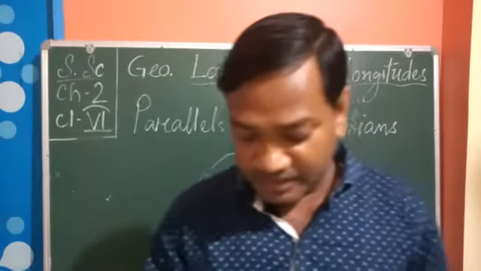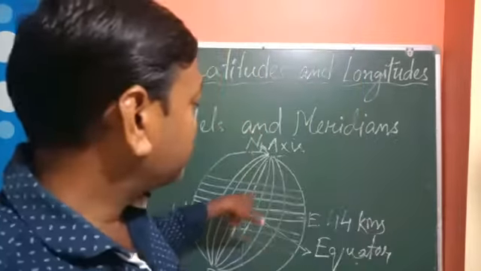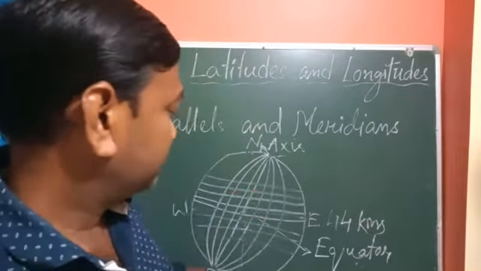The parallels and the meridians can be used to define the location. So with the help of these meridians and parallels, we can locate a place easily. The parallels and the meridians intersect each other at right angles.